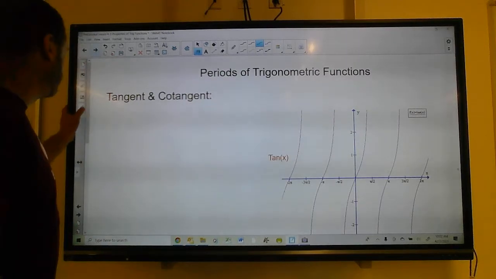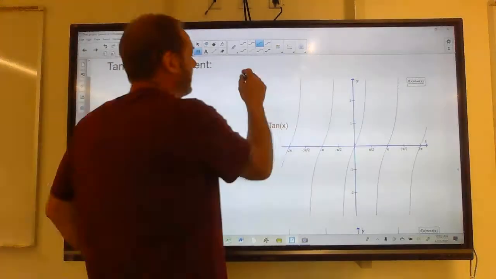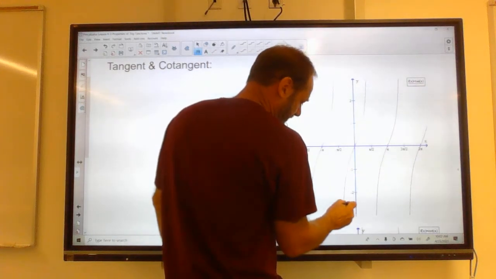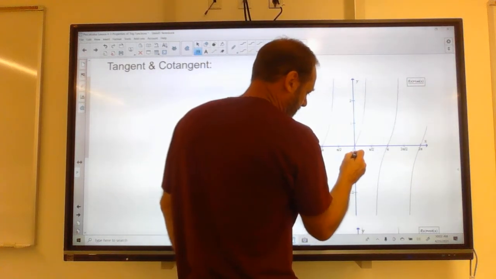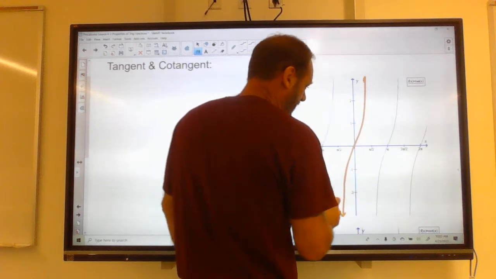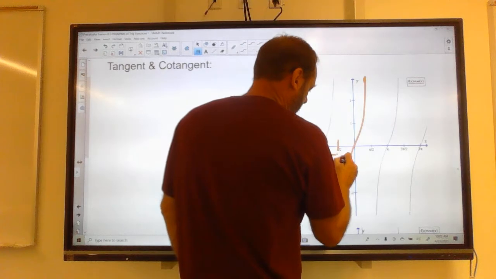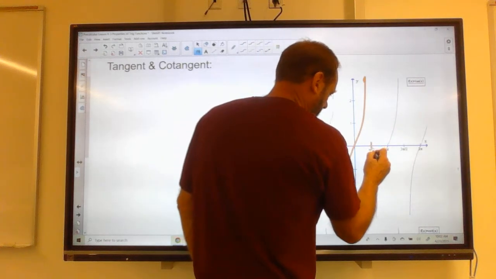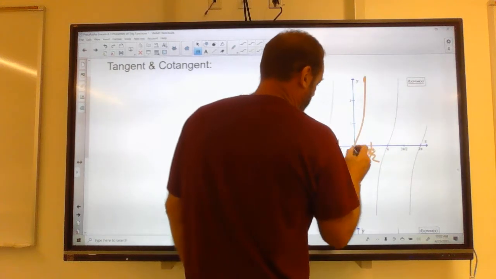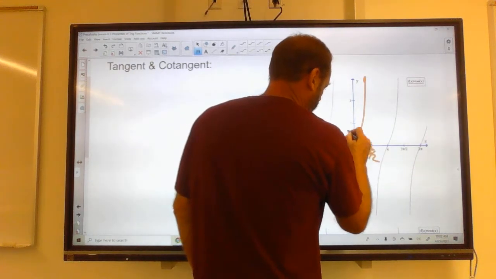Okay, now tangent's different. So tangent, I get every value it's ever going to take right there, from negative pi over 2 to positive pi over 2. Well, that's a half a pi and a half a pi, so that distance right there is pi.